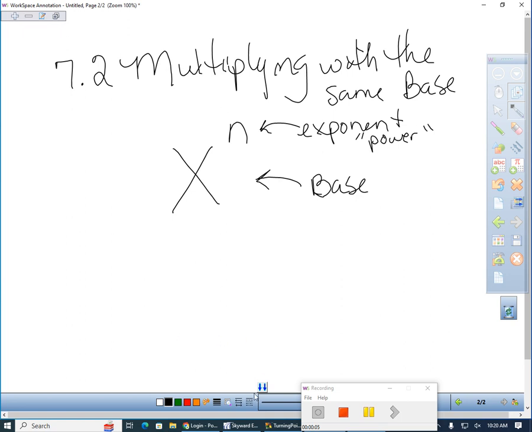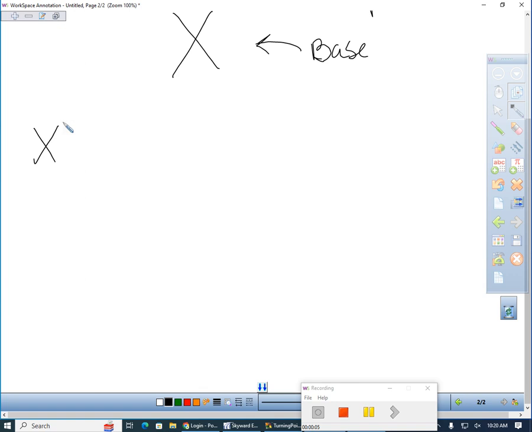The rule I want to talk about is if I have two of the same base multiplied together, what do we do? So if I have x to the n times x to the m, the rule says I keep the base and add my exponents.